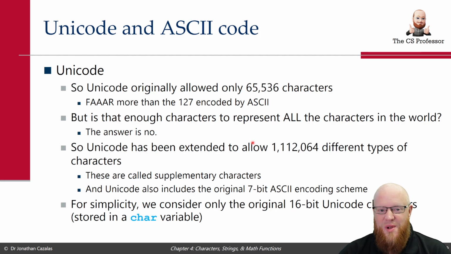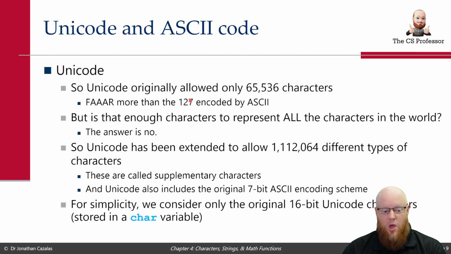That's a lot more inclusive than the 128. Now, even then, is 65,000 enough to cover all languages and all possible characters in every language? Maybe not. In which case, Unicode has even an extended version with over 1 million different types of characters that can be encoded.